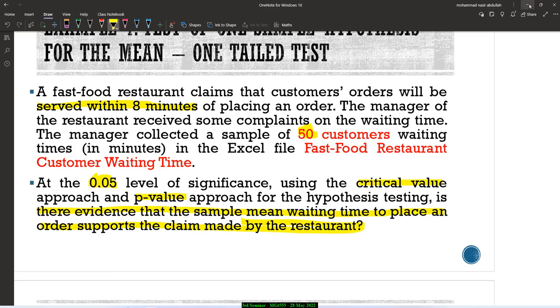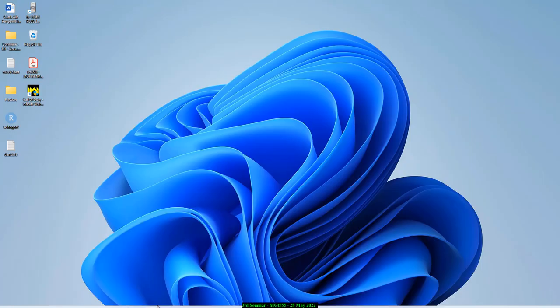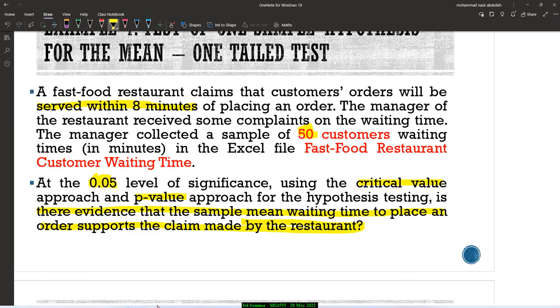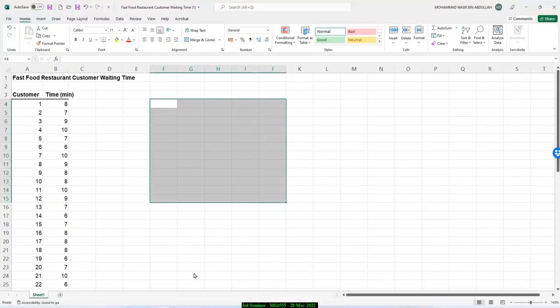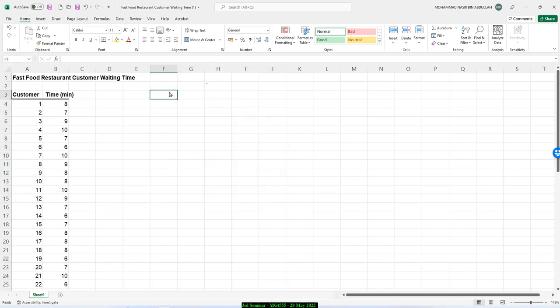So, maksudnya, apa yang kita nak cari kat sini? Okay. First, kita kena type hypothesis statement. Right. Null hypothesis, mu is equal to 8 minutes.